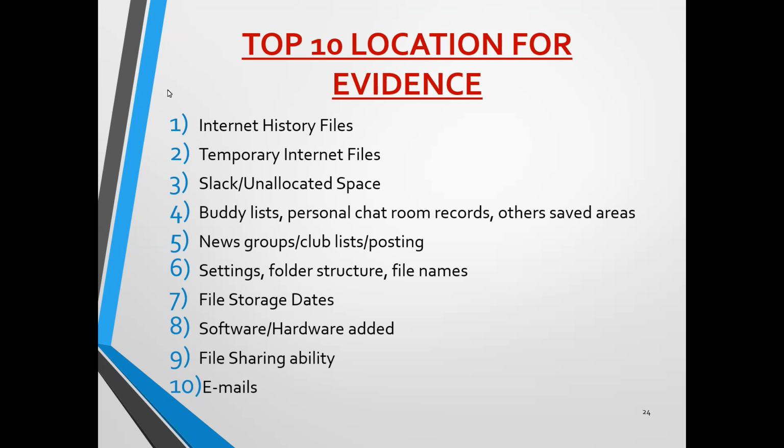Number 8, any hardware or software, for as long as it is reachable, is evidence for us to pick out as information. Software or hardware that has been added is another one. File sharing abilities, emails.